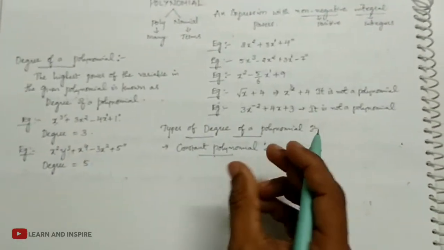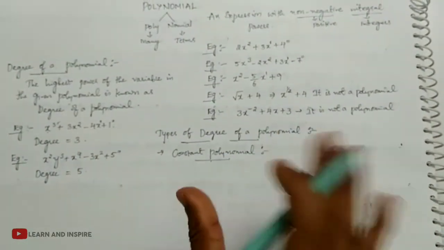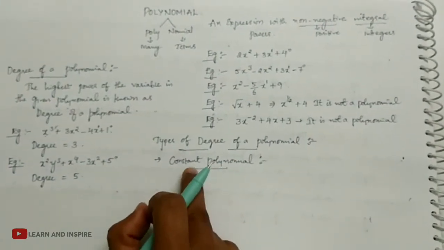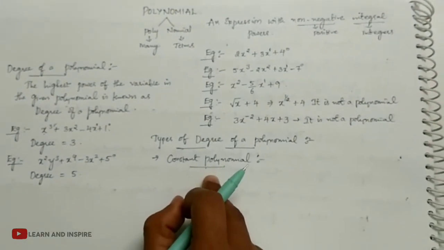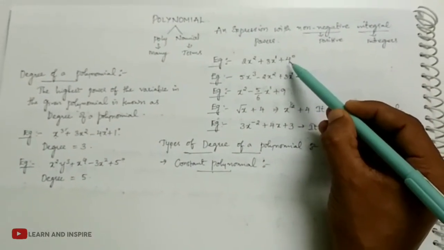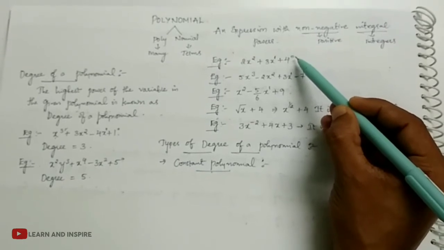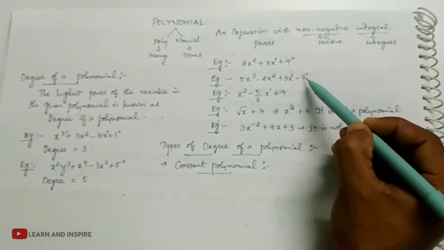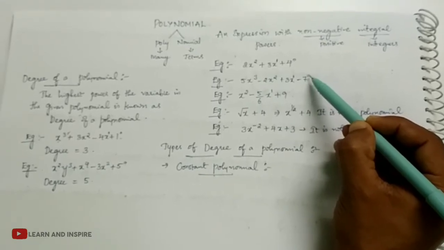So a constant polynomial is nothing but if the degree of the polynomial is 0. If the degree of the polynomial is 0, then we say that it is a constant polynomial. So you can see from the given polynomial the constant term, and what is the degree of a constant term? 0. Here you can see 7, and 7 is a constant term, and the degree of 7 is 0.